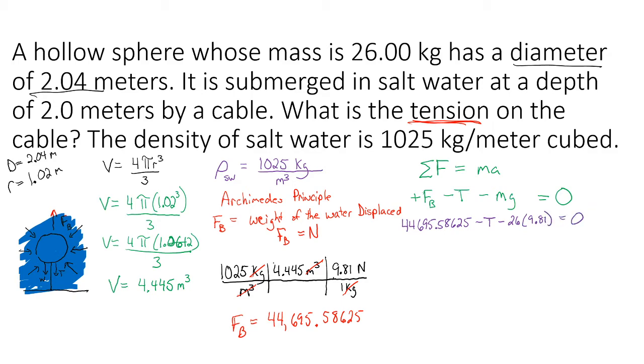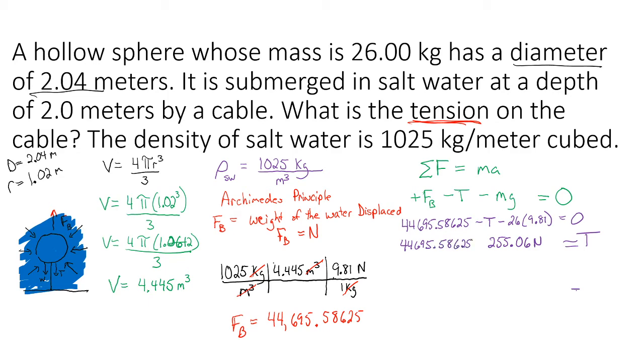I could just move tension over, so it's by itself, and that will eventually give me my solution. I'm going to do 26 times 9.81, which gives me 255.06, and that's in newtons. That's important because this also is in newtons, so my solution will be in newtons.